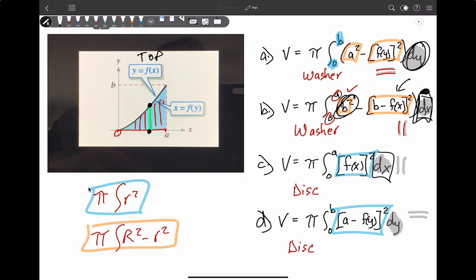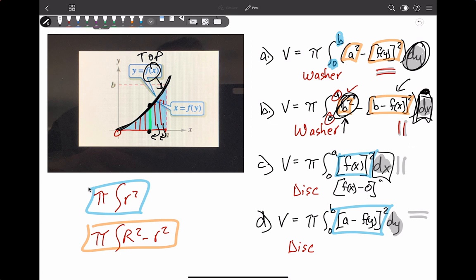With my assumption that it's rotating about the x-axis, my top function would actually be f of x, which is this graph right here. But that's not what I have here. So f of x is shown in part C. That would be f of x minus my 0, which is the x-axis, and then squared.